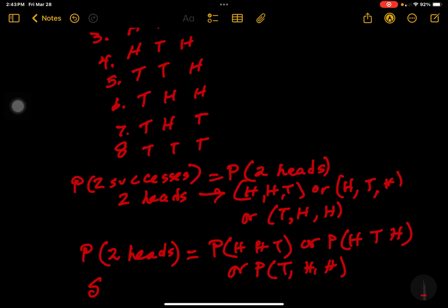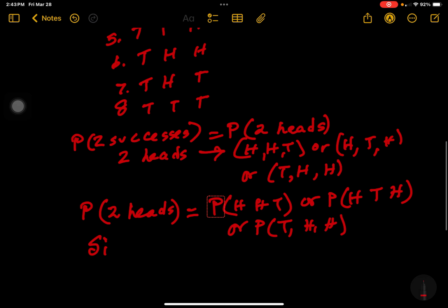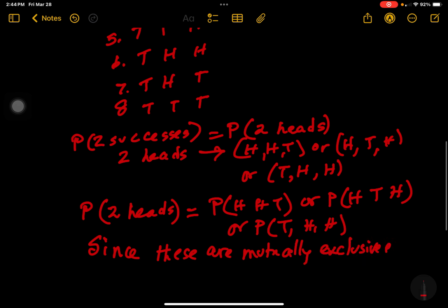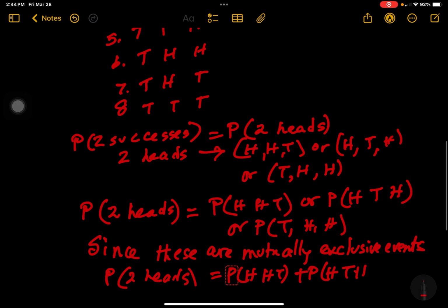Since these are mutually exclusive events, the probability of 2 heads will be equal to the probability of head head tail plus the probability of head tail head plus the probability of tail head head.